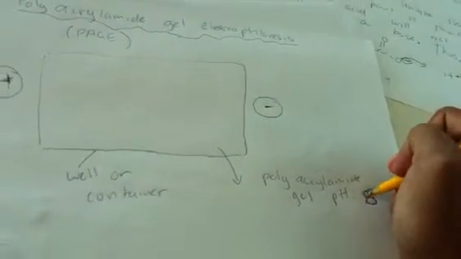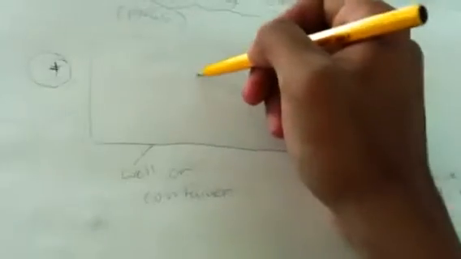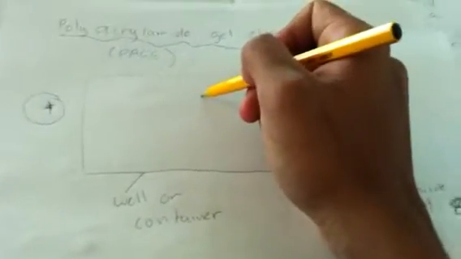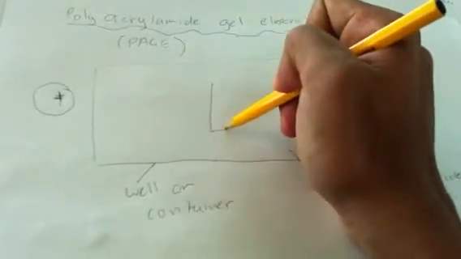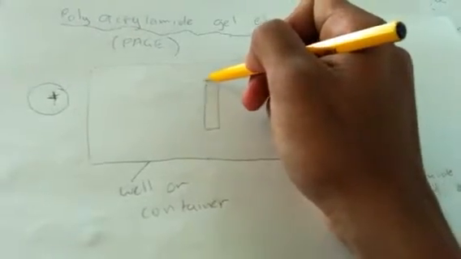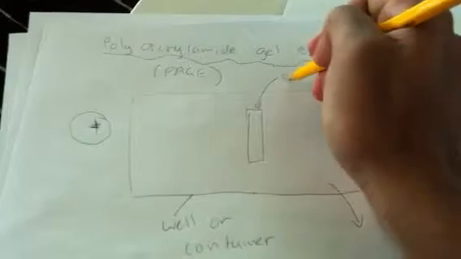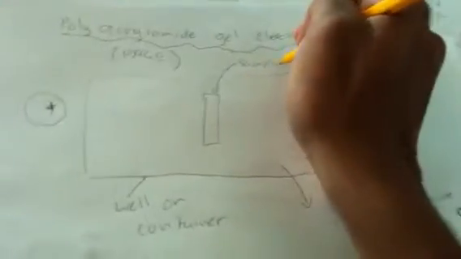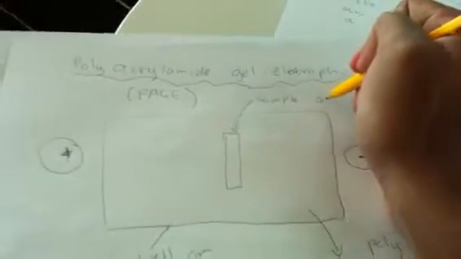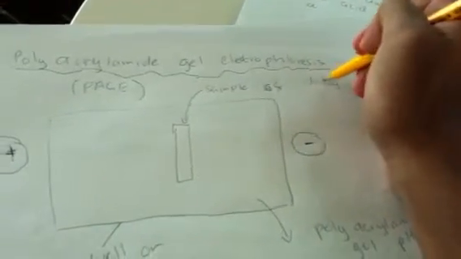Now, if you put a sample of amino acids in the middle, which I'll represent just as a line like that, a sample of biological material containing amino acids.